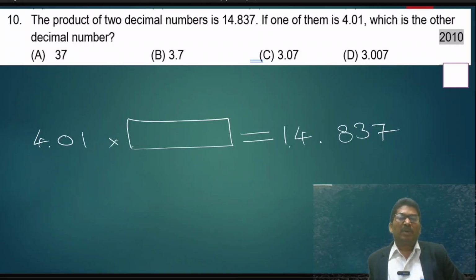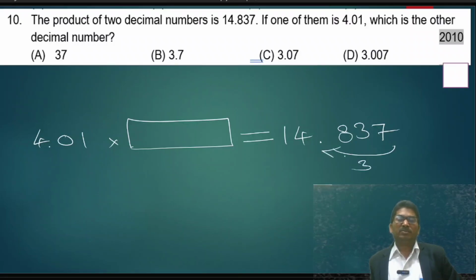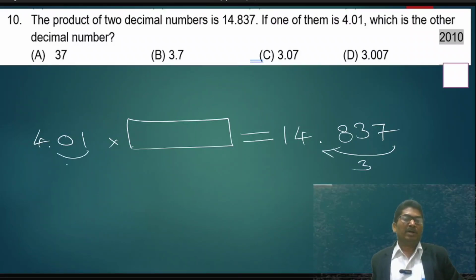In this, by checking the decimal places in the product, we can find the answer. How many decimal places here? 3 decimal places. How many here? 2 decimal places. Here 3, here 2. How many decimal places are needed in the required number? Only 1 decimal place.